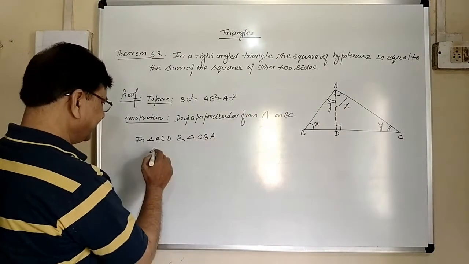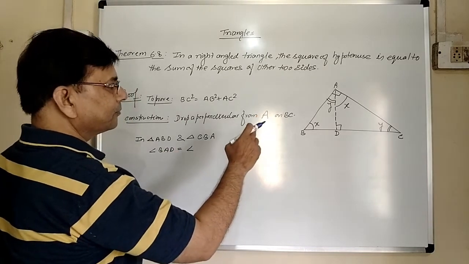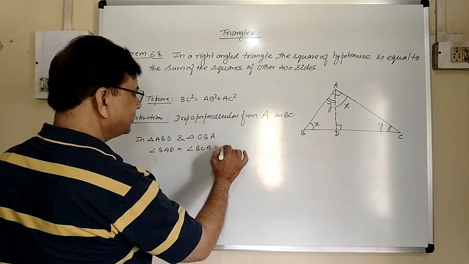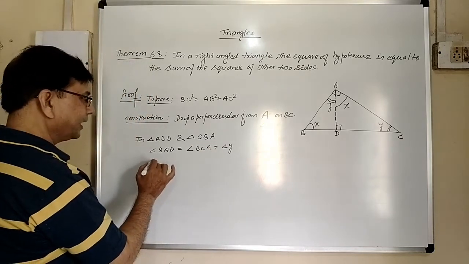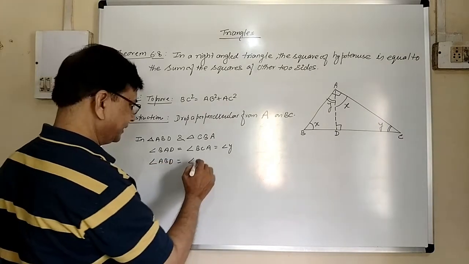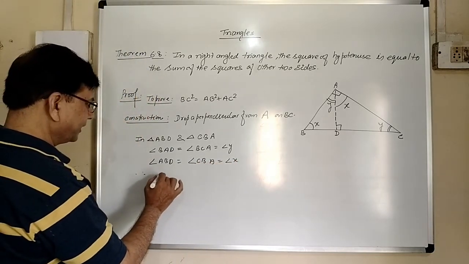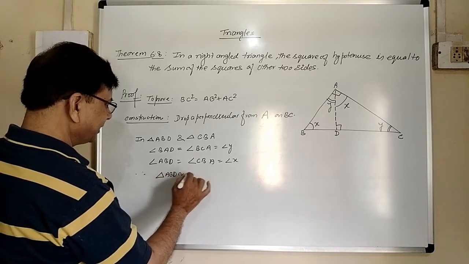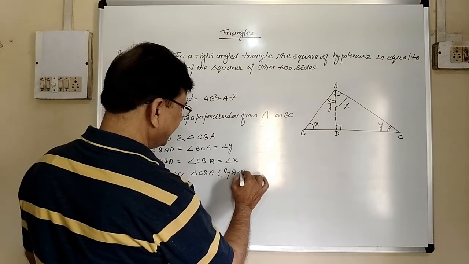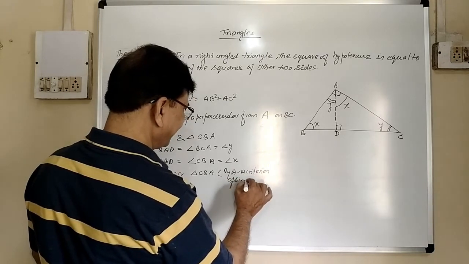Angle BAD is equal to angle BCA, which is equal to angle Y. Angle ABD is equal to angle CBA, which is equal to angle X. Therefore, triangle ABD is similar to triangle CBA by AA criterion of similarity.